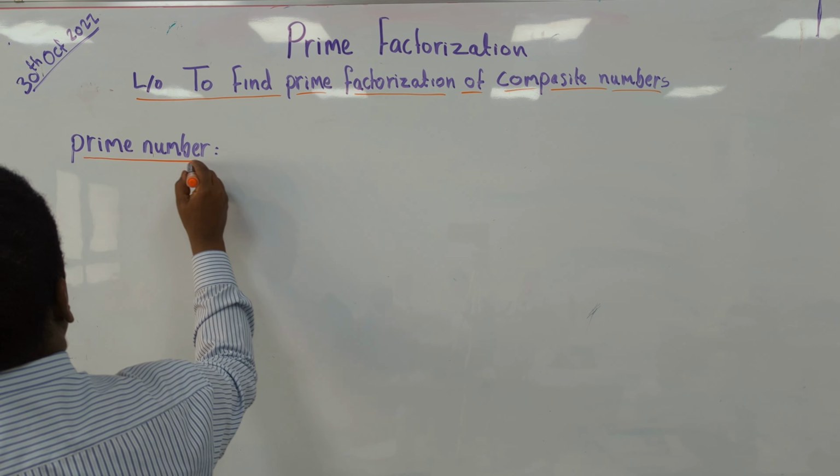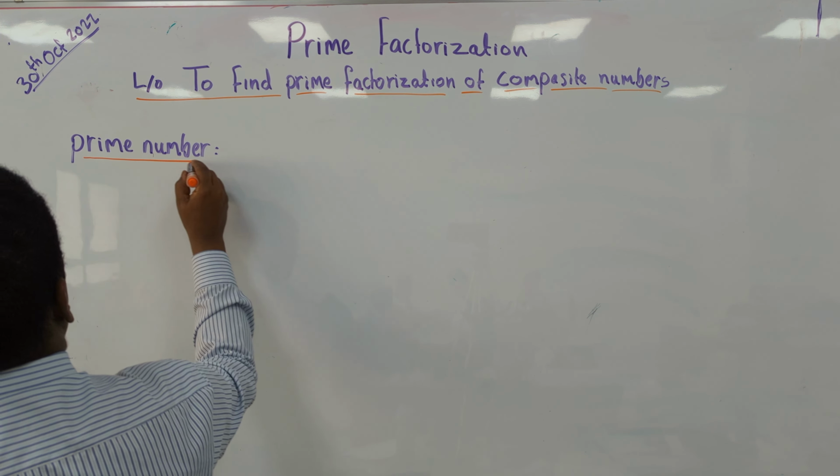The second prime number will be 3. Next one, 4 cannot be a prime number. Next one is 5. Well done. So 5 is the next prime number, and the next one will be 7, not 6.